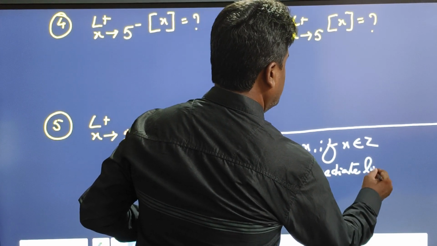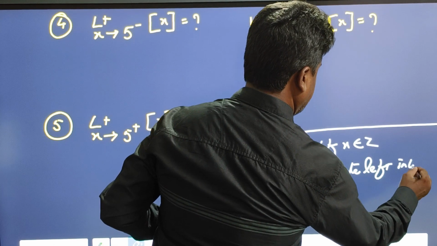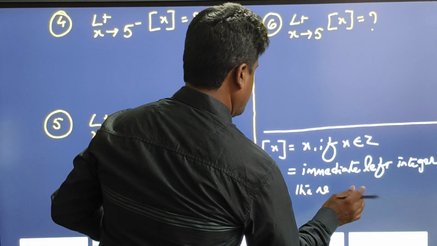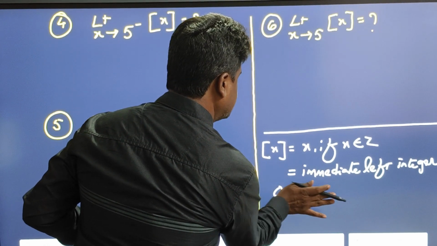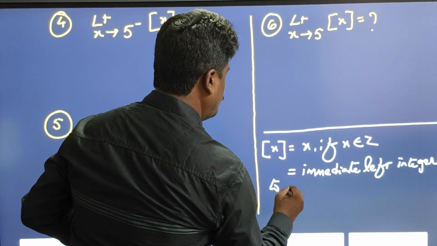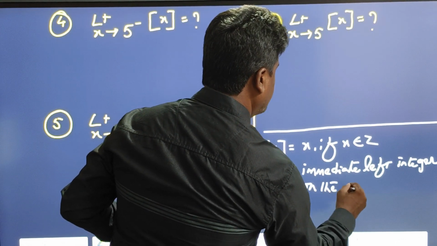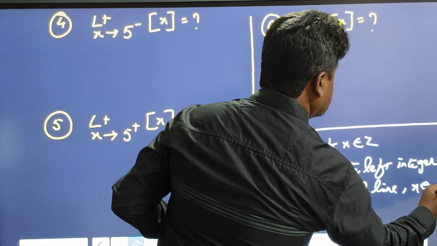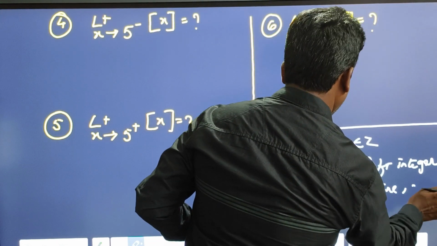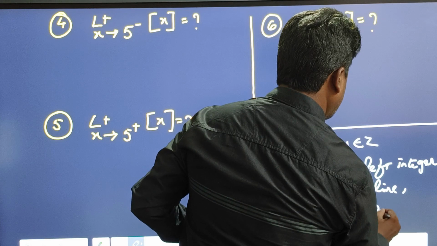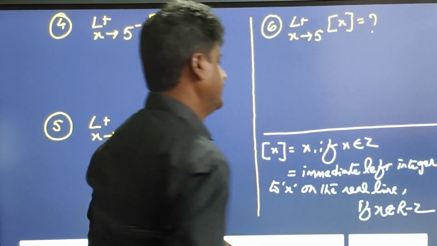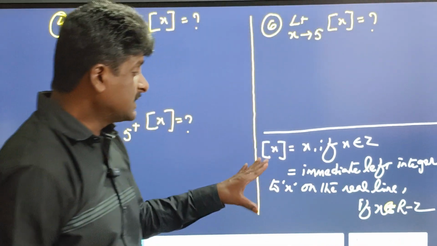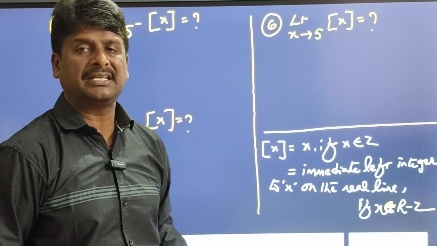Otherwise, it is equal to the immediate left integer to x on the real line, if x belongs to R minus Z. When x belongs to Z, it will come out as it is.